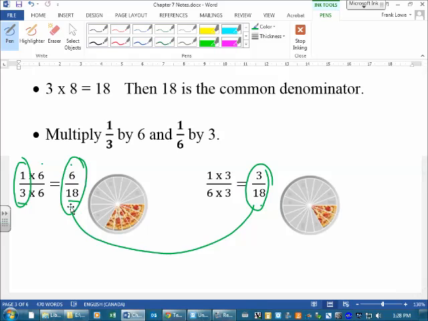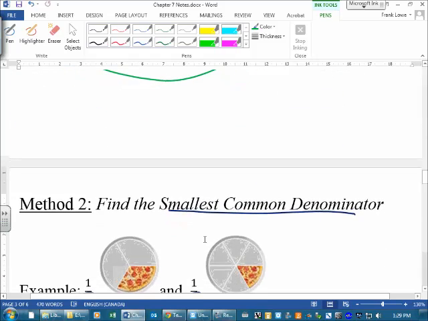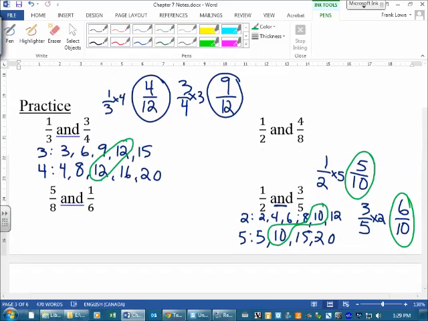Okay. Now, the only problem with this method is that sometimes the fractions get really, really big, and you have to reduce them. So I want you to look here at these fractions. So let's use this method.